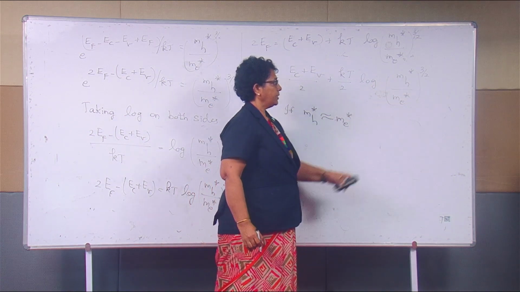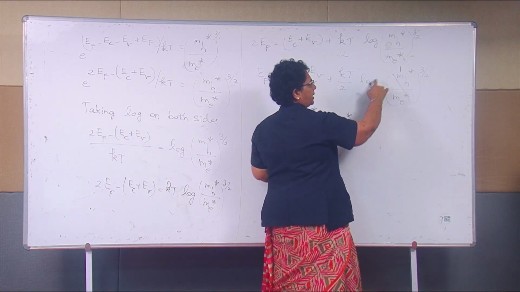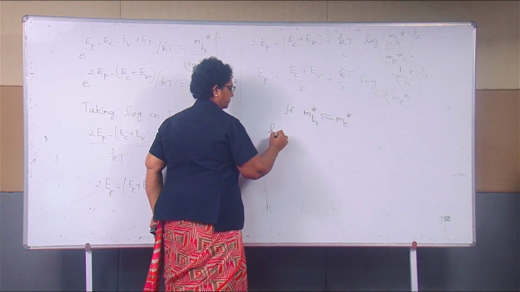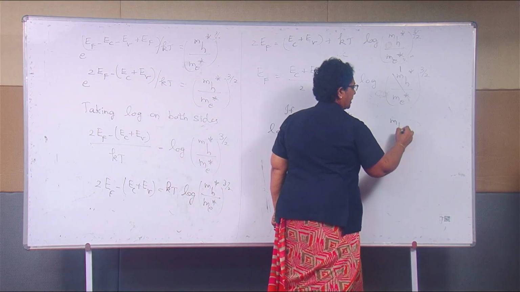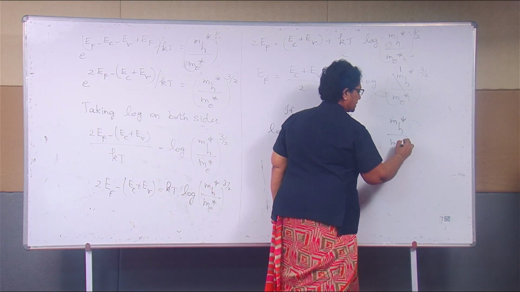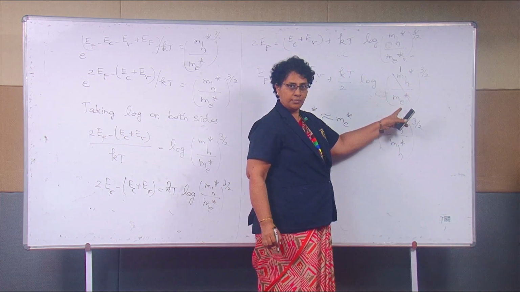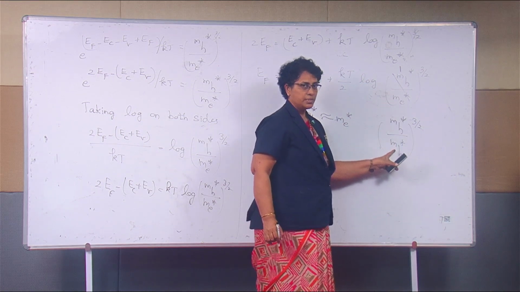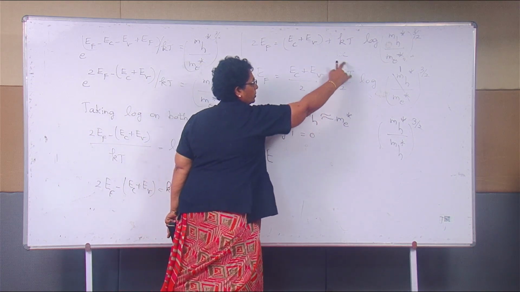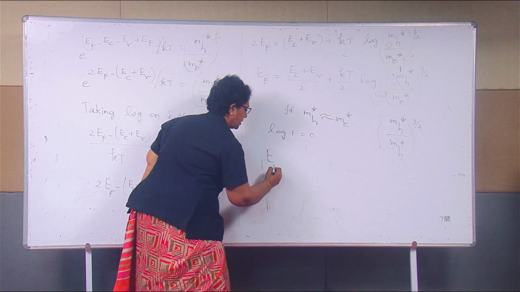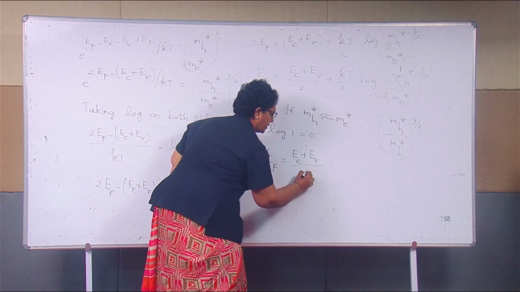So this becomes 1, and log 1 is nothing but 0. So when you substitute either h by e or e by h, this becomes 1, and log 1 becomes 0, and 0 into KT by 2 is 0. So finally you have arrived at the expression EF is equal to EC plus EV by 2.